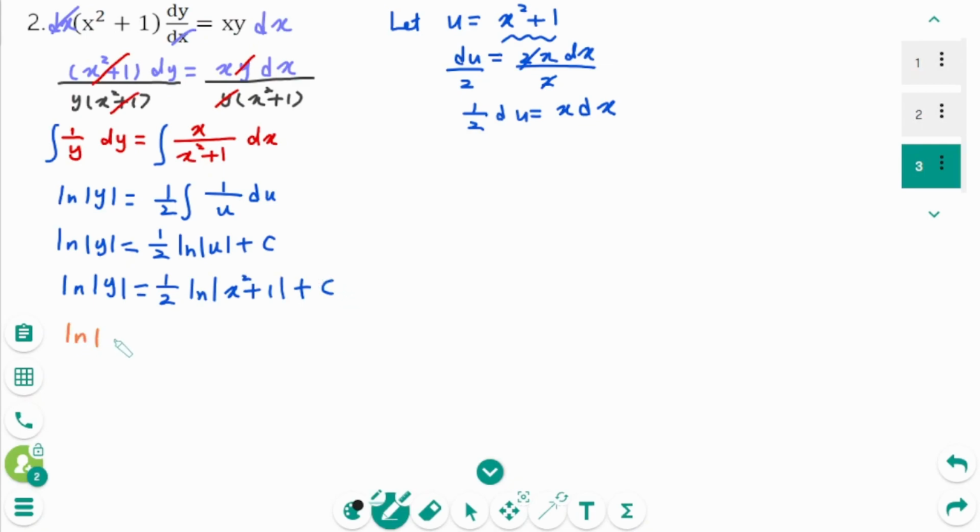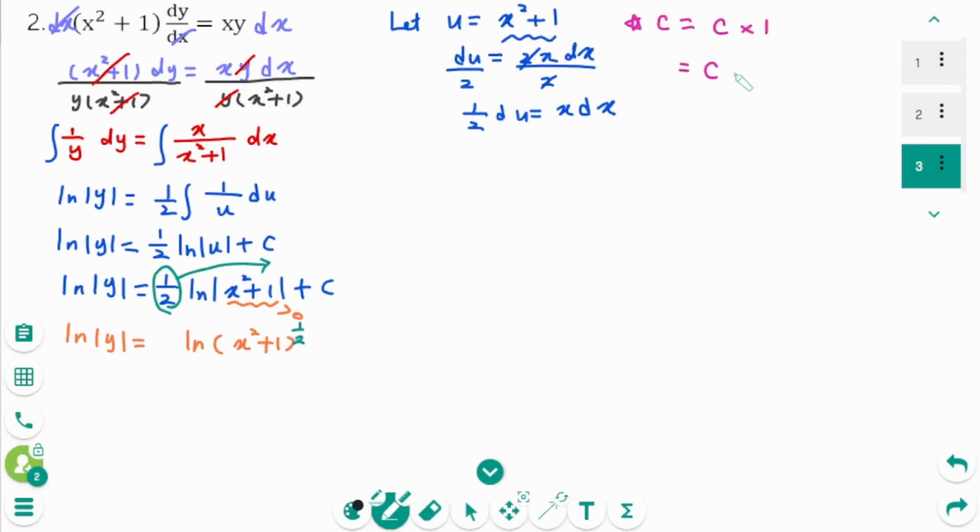Ln of x squared plus 1 is always positive, so we don't need the absolute value sign. Then bracket x squared plus 1. Then use the logarithmic property: 1 over 2 goes up. C equals c times 1.